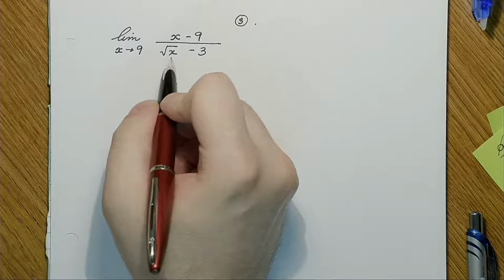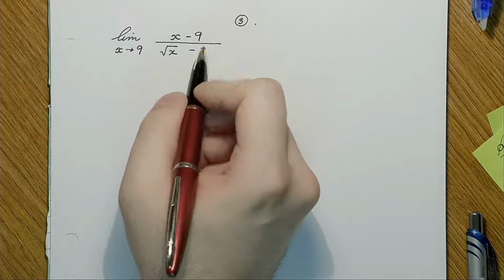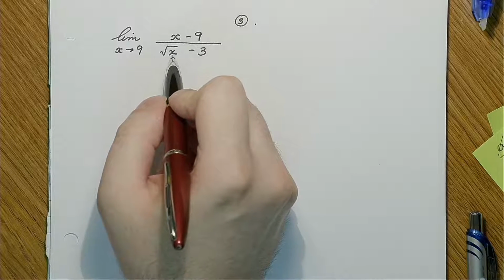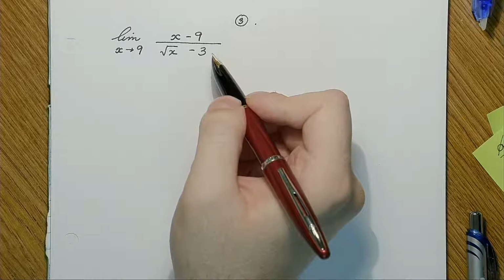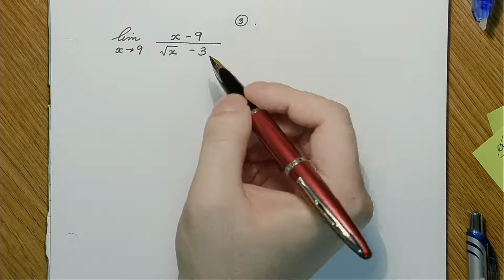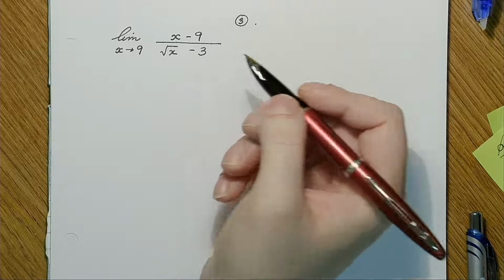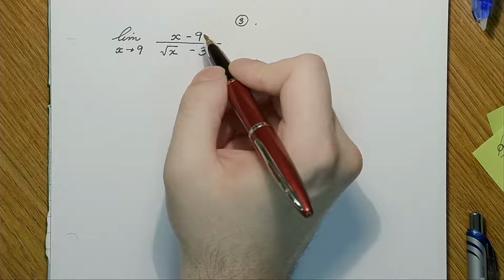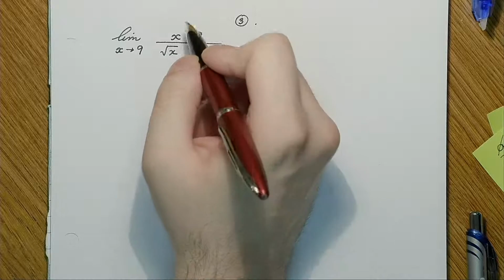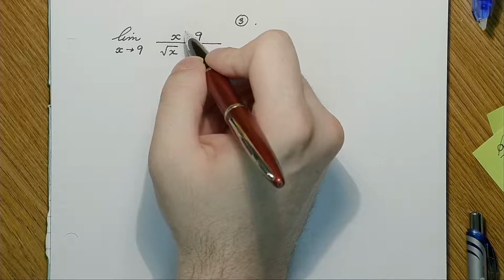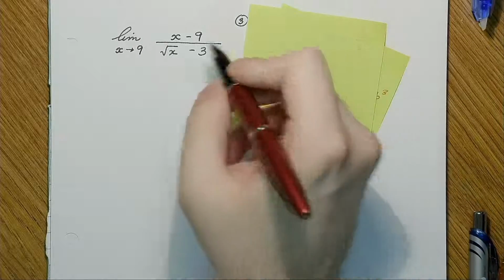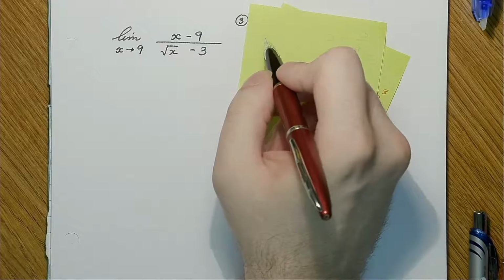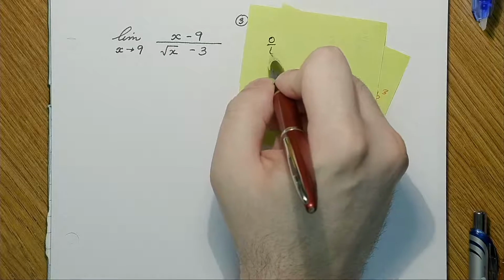Because I have square root of 9 is 3, 3 minus 3 is 0. And again, I could put a 9 over top here, but I still have something that is indeterminate. So I have 0 over 0 still.